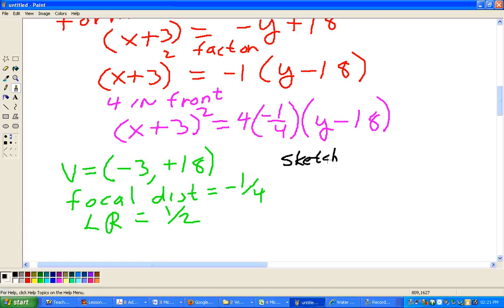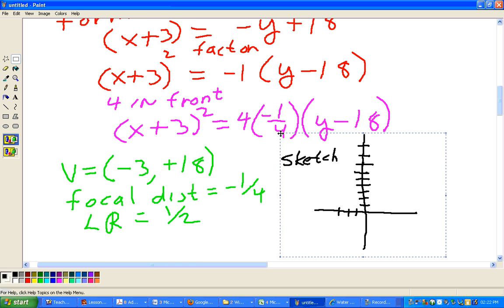So when I sketch this guy, if we're going over 1, 2, 3 there, I'm going to have to go up a long ways. 1, 2, 3, 4, 5, 6, 7, 8, 9. Oh, I love being able to do this, something I can't do on a board otherwise.